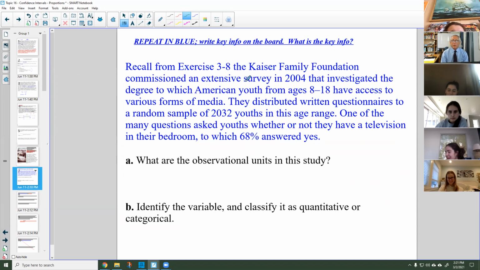So they told us the proportion. So here's the info here. What are the observational units in this study? Abby, observational units.